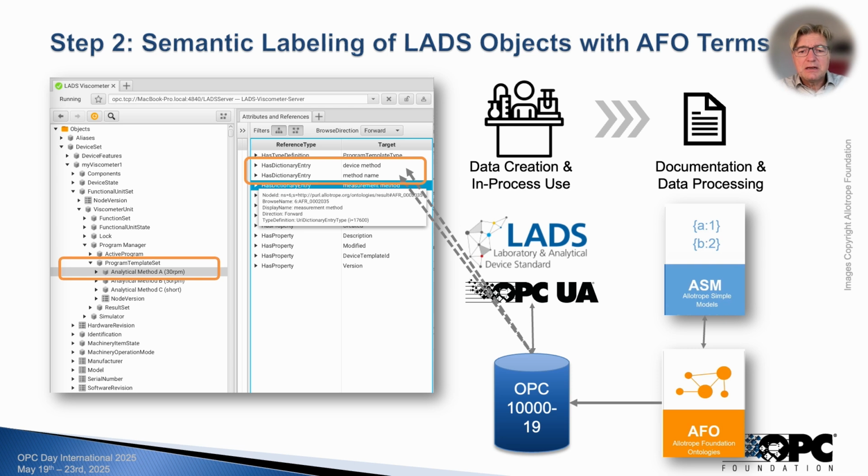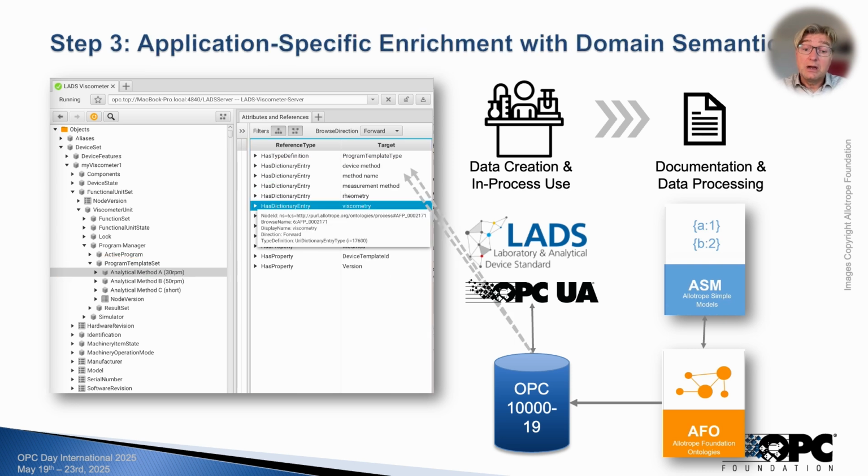This labeling bridges the gap between device data and semantic context automatically and consistently. Now, while Let's already provides a generic semantic model, real-world devices often have specific roles in a laboratory analytical workflow. So we go one step further.